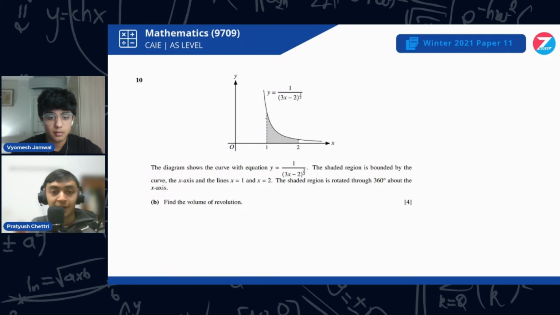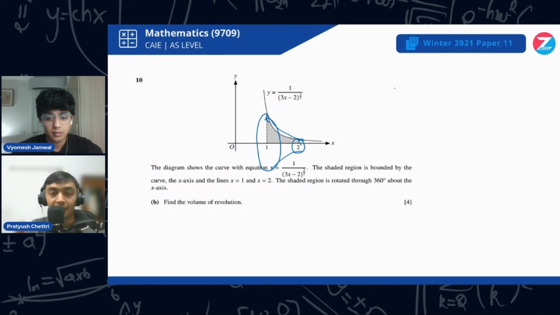So this shaded region is bounded by these lines, the curve, and the x-axis. Okay, so we know that, they're just telling us again. It's rotated 360 degrees around the x-axis, like that, to make our slices. Find the volume of revolution.